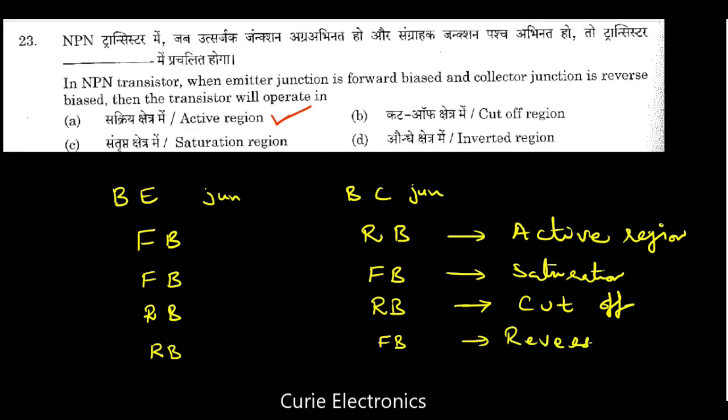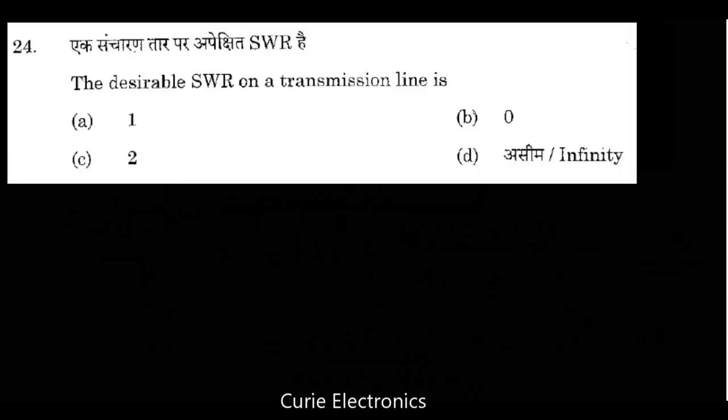Let's move to the next question. The desirable SWR on a transmission line is 1. We have seen this in one of the previous questions: the voltage standing wave ratio is equal to (1 plus mod of rho) divided by (1 minus mod of rho), where rho is the reflection coefficient.